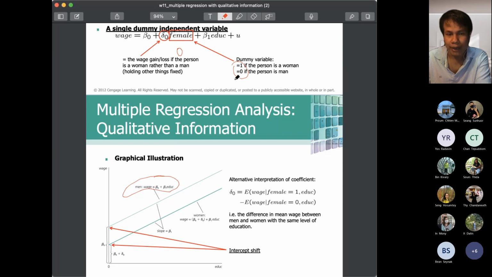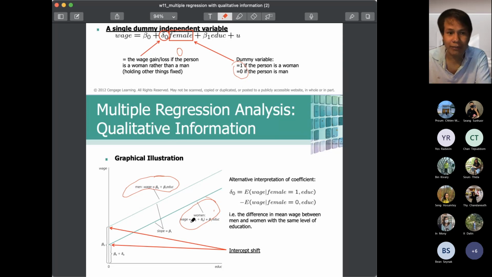How about female? If female equal 1, we will have it here in full, right? So delta 0 plus the coefficient plus education. You got it? This is when we replace the female by the value we code here.